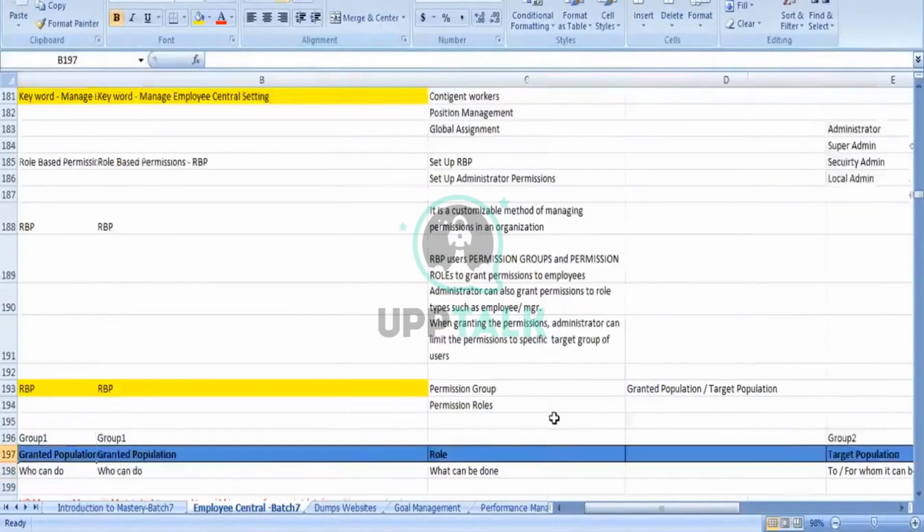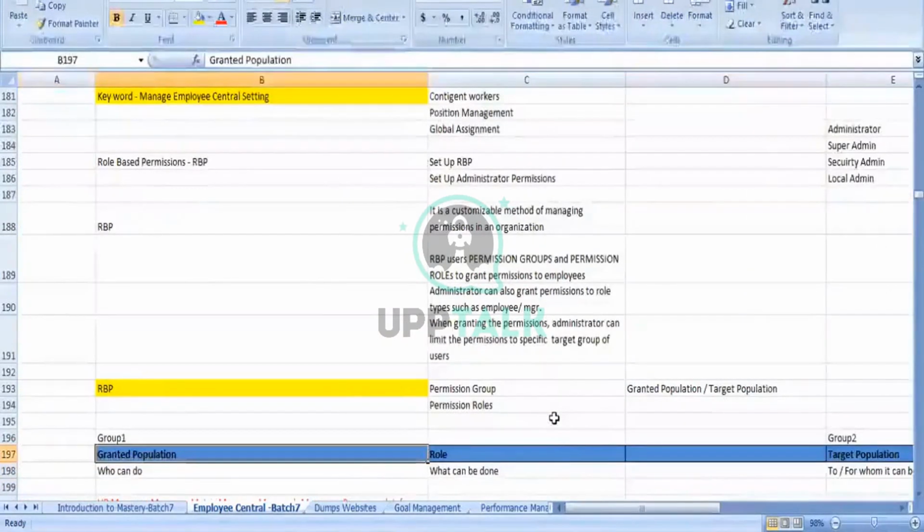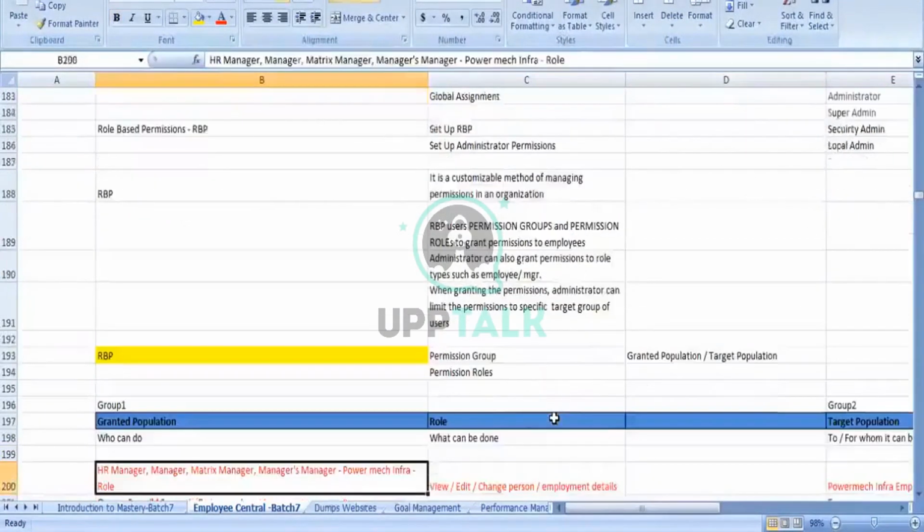Who is doing this? You are doing it: the HR matrix manager for that particular company, the HR admin of that Germany location.